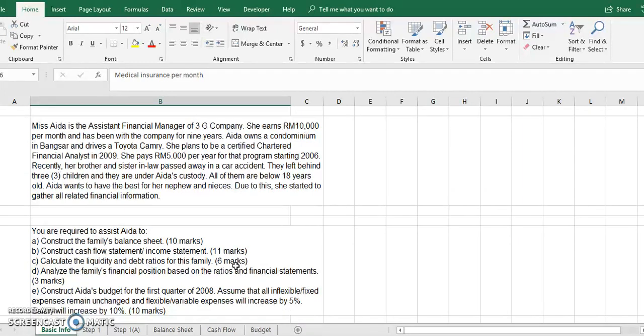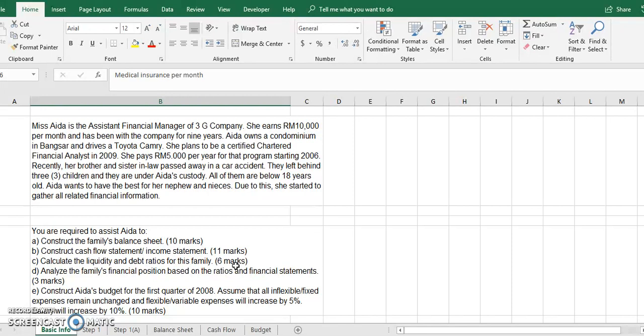Because preparing a balance sheet and cash flow alone might not give us a better insight into the credit standing of, in this case, IDA. So we have to calculate ratios. Normally we will calculate liquidity and debt ratios to know better the financial position of an individual, or for your case.